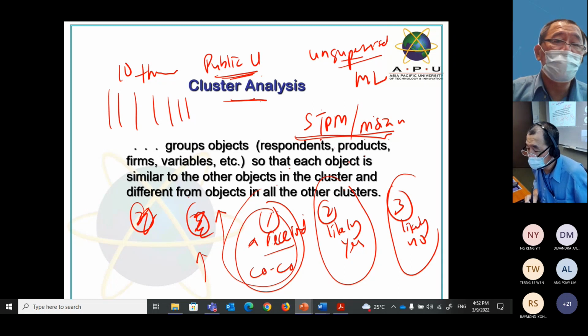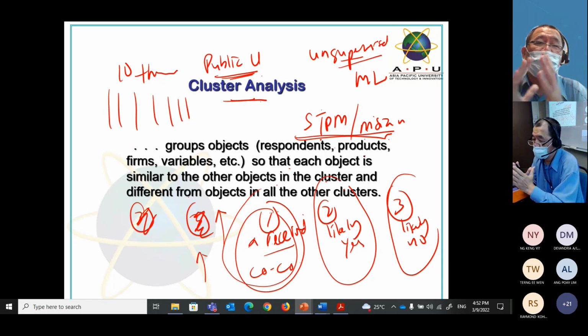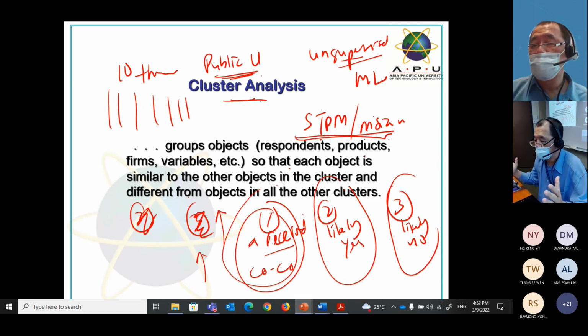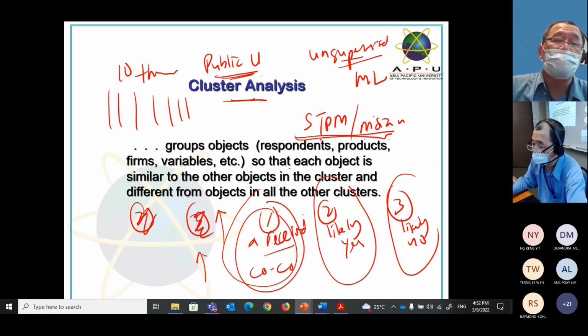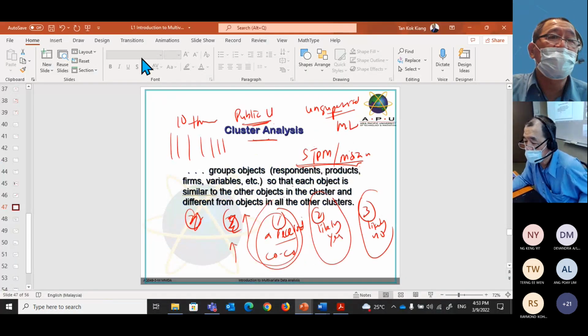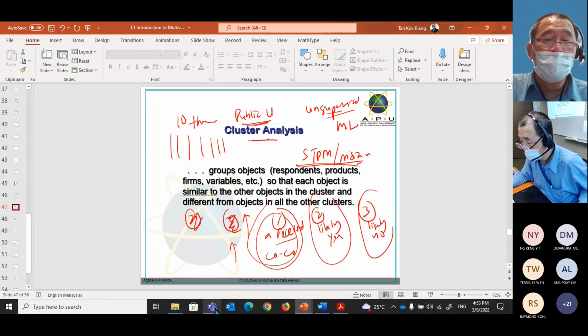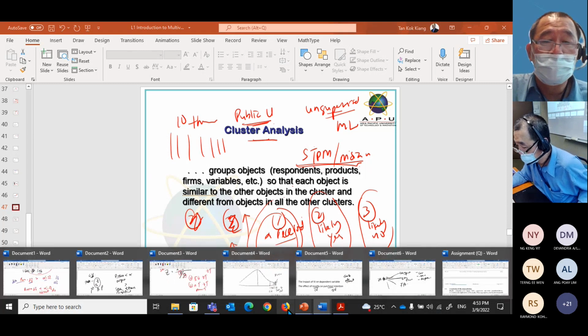So each object is similar to the other objects in the cluster, but different between clusters. This is cluster analysis. Of course, we will also see later how to use SPSS to do the data analysis.